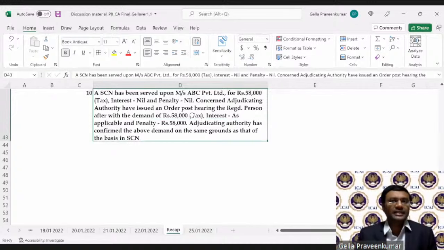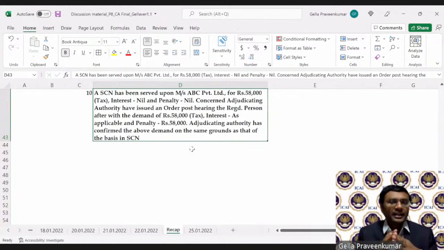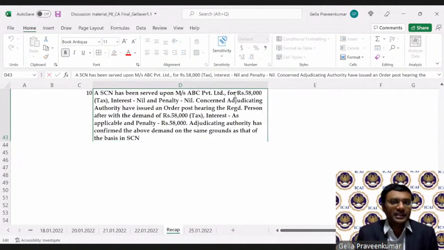Next, there's one question which is a technical point which Namita raised the other day in our discussion. This question says that a show cause notice was issued on a registered person called ABC Private Limited. In the show cause notice, there was a quantification: tax 58,000, interest nil, penalty nil.